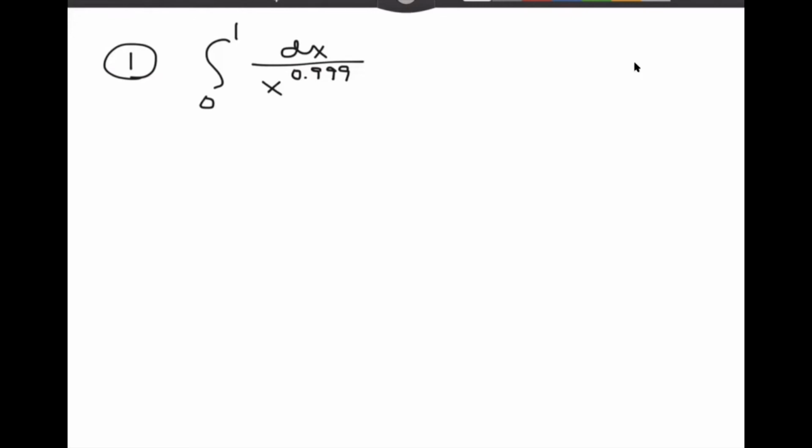It's very similar to the one we just did. 1 over x to the 0.999 has a vertical asymptote at x equals 0. So we're going to make this integral from a to 1. And I'll go ahead and call this x to the negative 0.999. And then eventually we will let a approach 0 from the right.